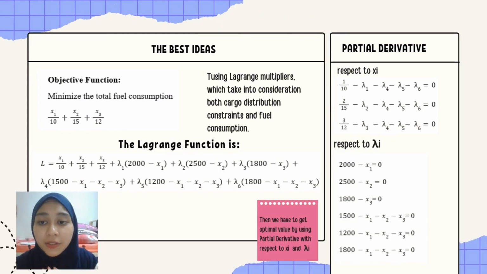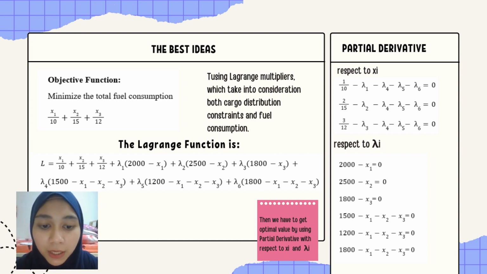So the best way to do the example is firstly we have to do the objective function. D is the minimize total fuel consumption equation, x1 over 10 plus x2 over 15 plus x3 over 12. By using Lagrange multipliers, we take into consideration both cargo distribution constraints and fuel consumption. This is our Lagrange function for our example, using the information given.